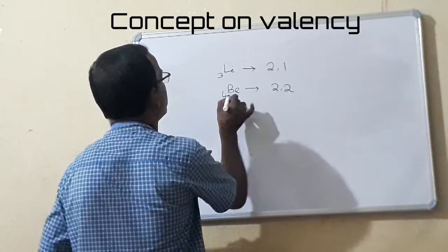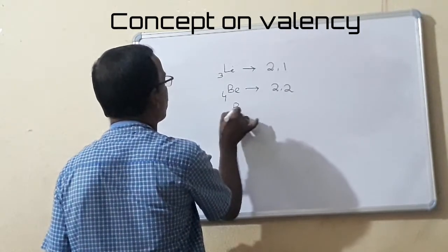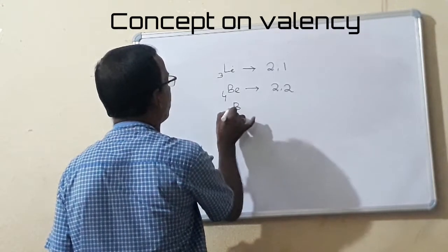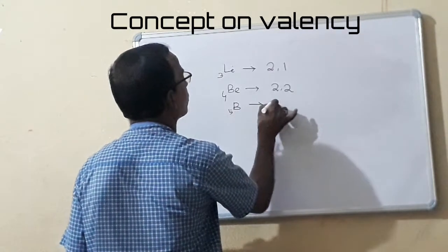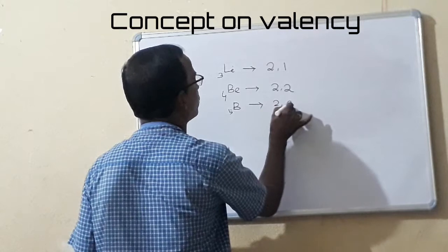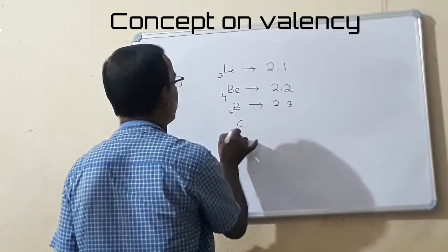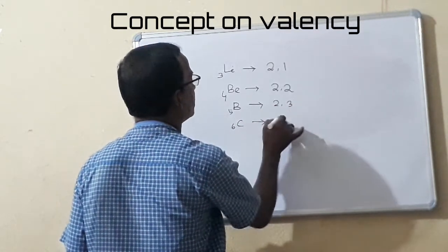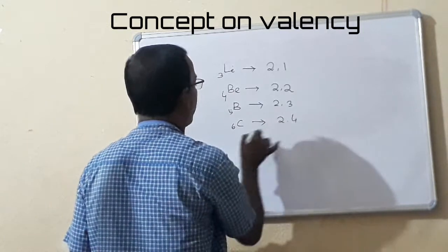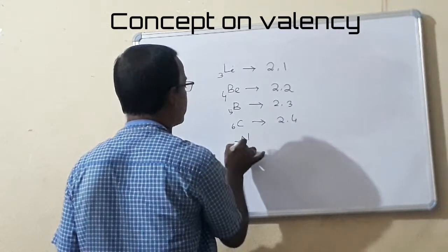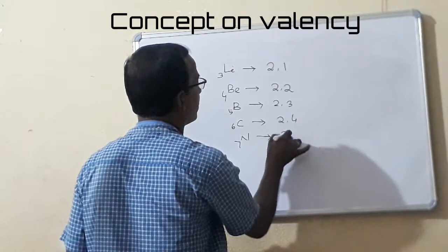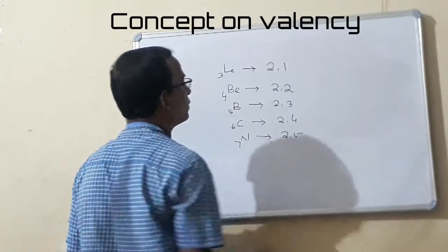Then boron, atomic number 5, electronic configuration 2, 3. Then carbon, 6, it is 2, 4, and nitrogen, atomic number 7, that means 2, 5.